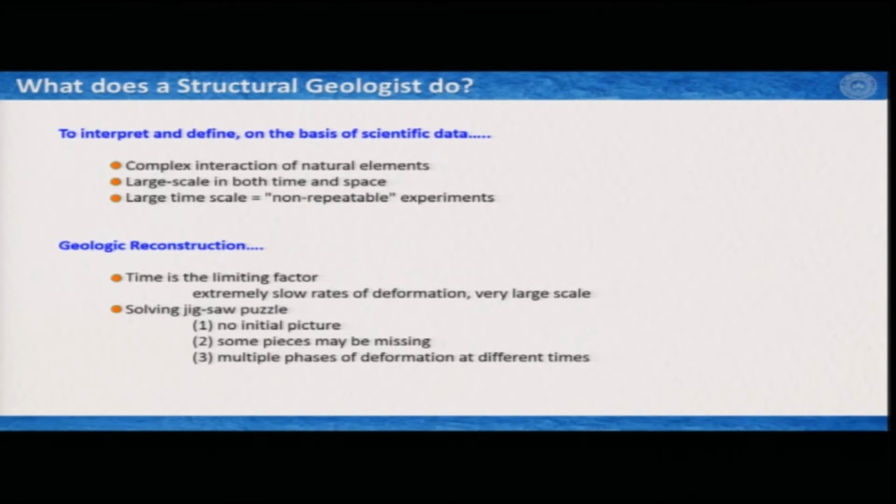And on top of that, the deformation that we look at on the surface is not a single deformation. That means one deformation happened some time ago, and then later some other deformation, occurring from other directions or in a completely different nature, either demolished or overprinted the previous deformation.